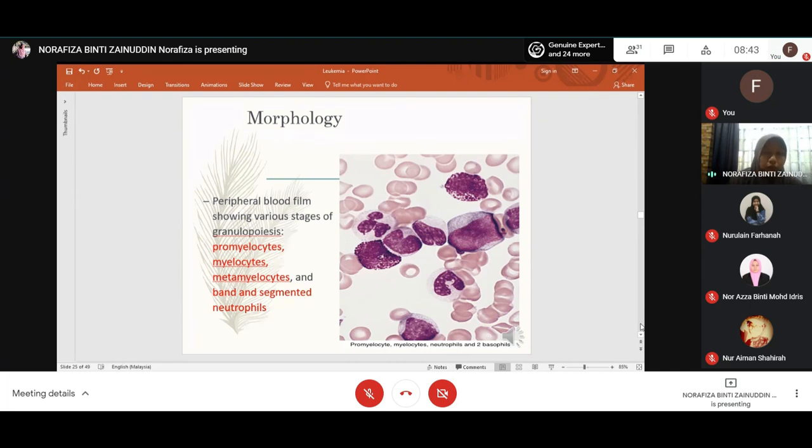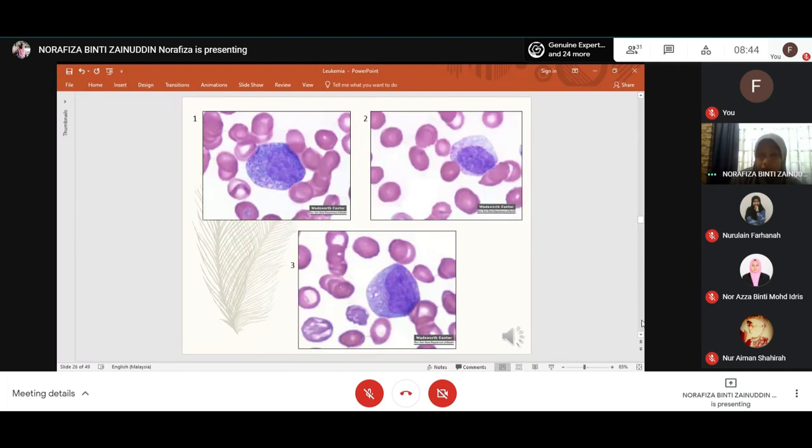Okay. So if you see under the microscope, the promyelocytes are usually presented with Auer rods. So this is the first picture. This is promyelocytes. This is the second largest stage in the granulocytic series. So the color is reddish purple.